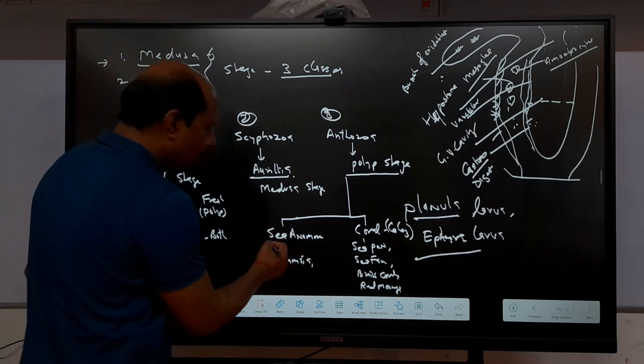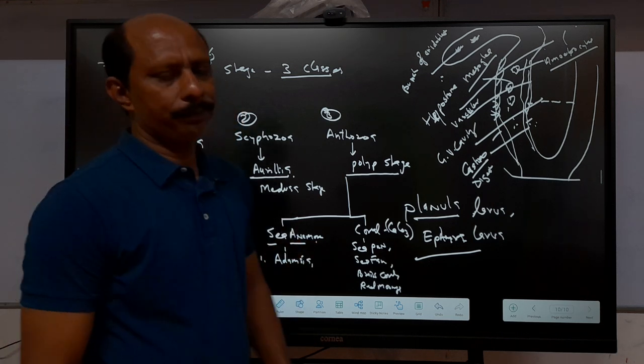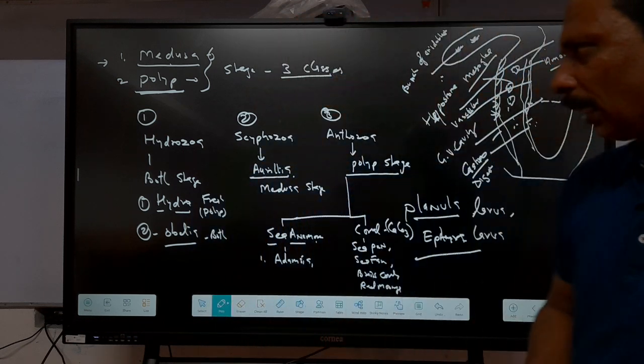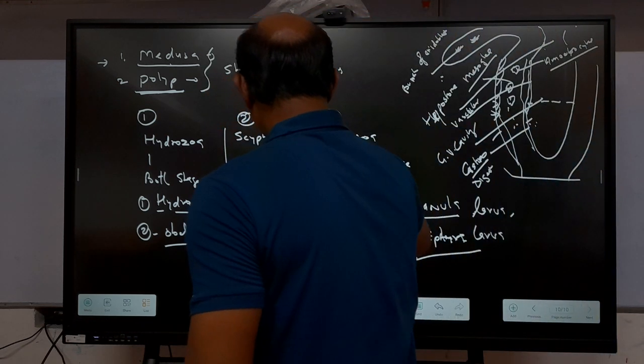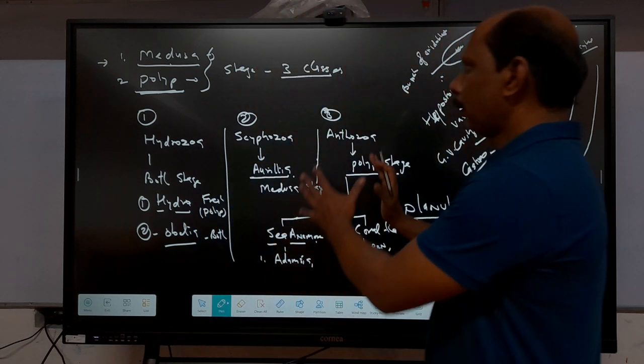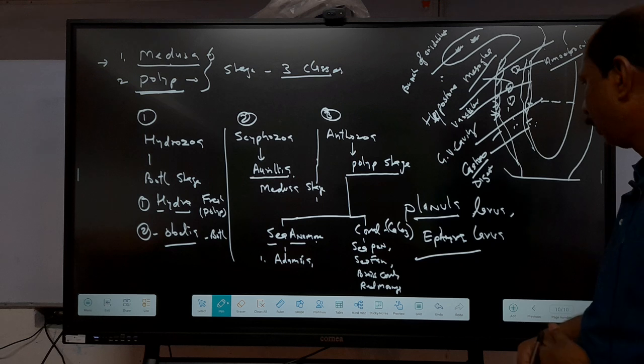Sea anemones have no skeleton. So this is the classification of which phylum? Coelenterata phylum, right?